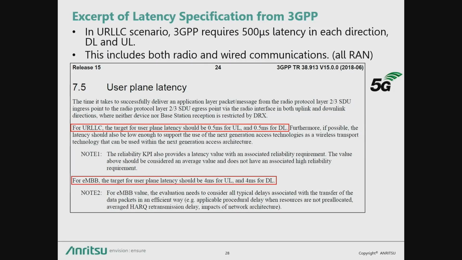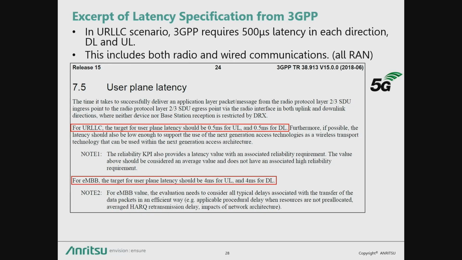It's listed here as part of URLLC, as I mentioned, 0.5 milliseconds, or 500 microseconds, for uplink and 0.5 milliseconds for downlink. Now you'll notice, and I put this here on purpose, to also highlight enhanced mobile broadband, the application that we're already supporting today for 5G, that's phase one: 4 milliseconds uplink, 4 milliseconds downlink.